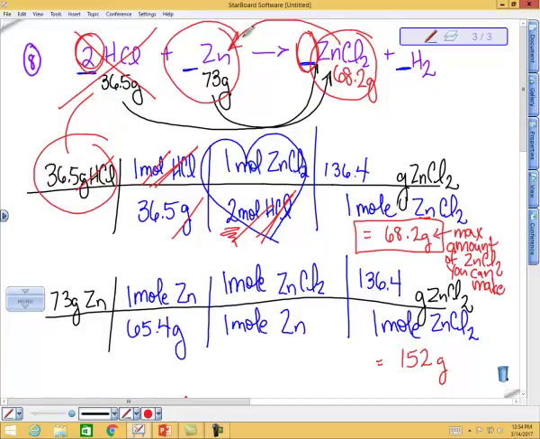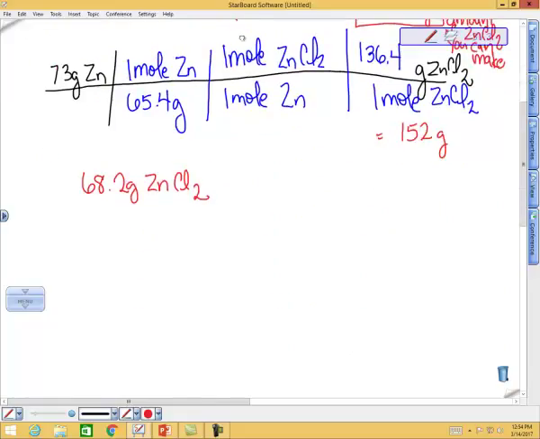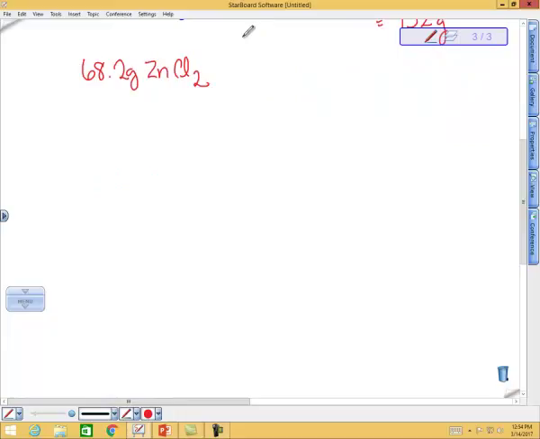And that will tell me exactly how much zinc I used. Is that going to tell me how much is left over, though? No, it's just going to tell me how much was actually used. And by the way, when you do this last problem, you better get an answer that is less than 73, right? Right? That's right.